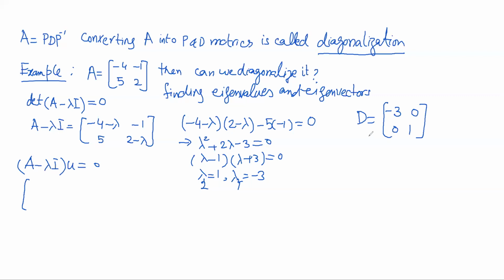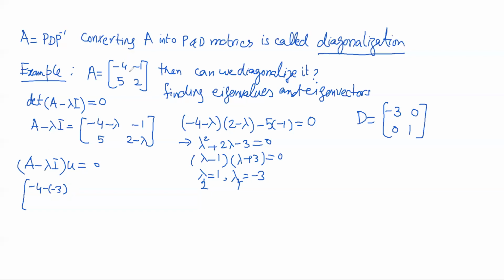First of all, we will take the first lambda value, which will be minus 3. So it will be minus 3 plus 1, minus 4 minus lambda, so minus 4 plus 3.